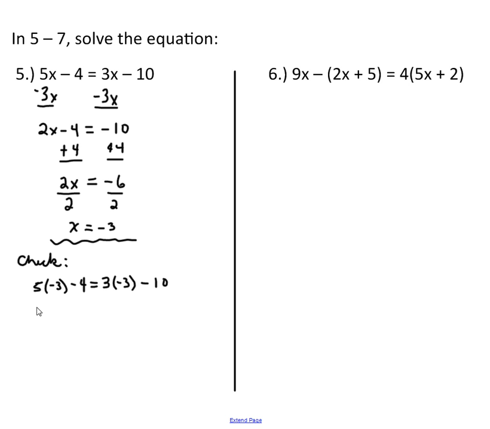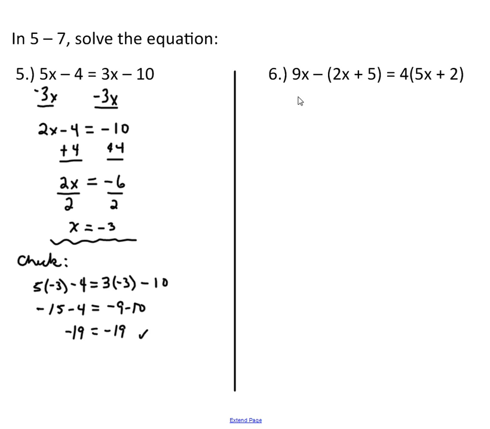Doing so gives us negative 15 minus 4 on the left, negative 9 minus 10 on the right. Of course, by combining these together, we get negative 19 on the left. And sure enough, we get negative 19 on the right, so we've found the correct solution.